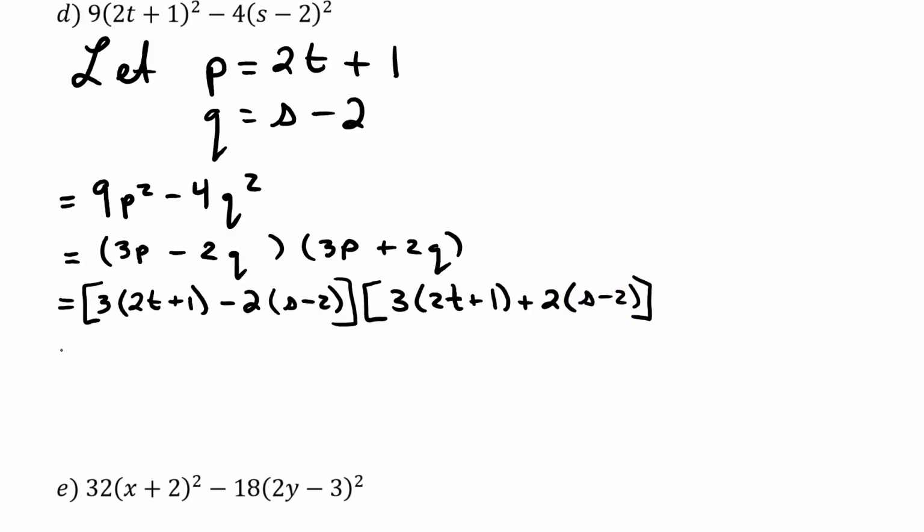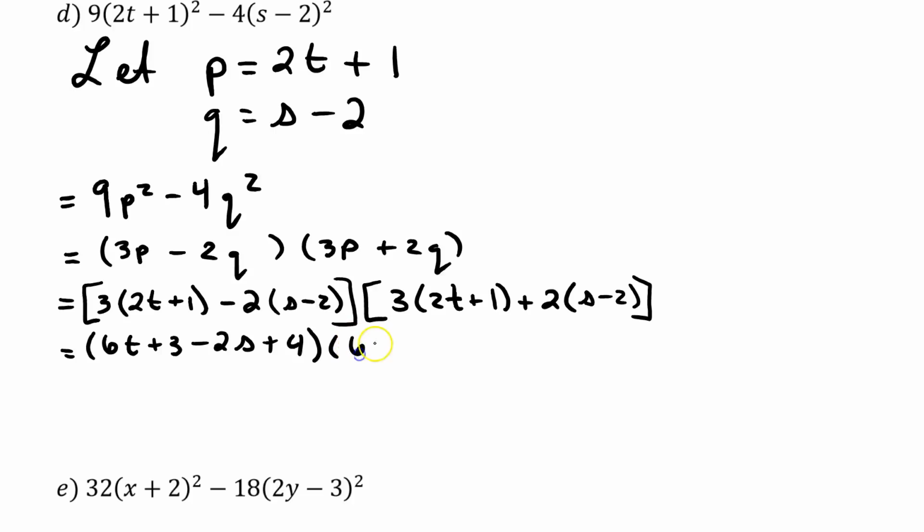Close bracket. Now I'm going to distribute the 3's and the 2's accordingly and make sure that I'm paying attention to negatives. So I'm going to say 6t plus 3 minus 2s plus 4. That's the tricky part. The rest of it should be okay.